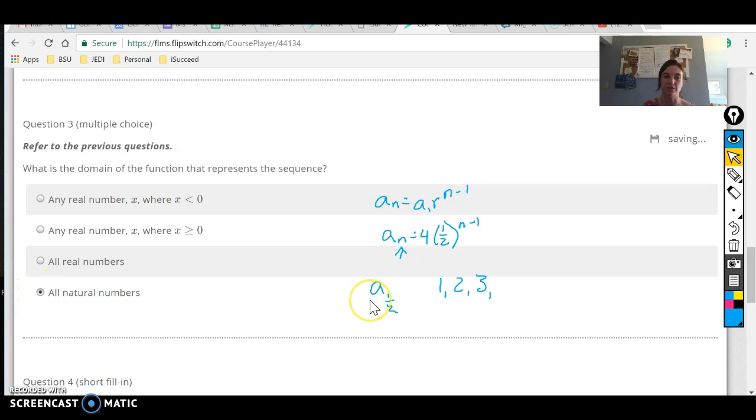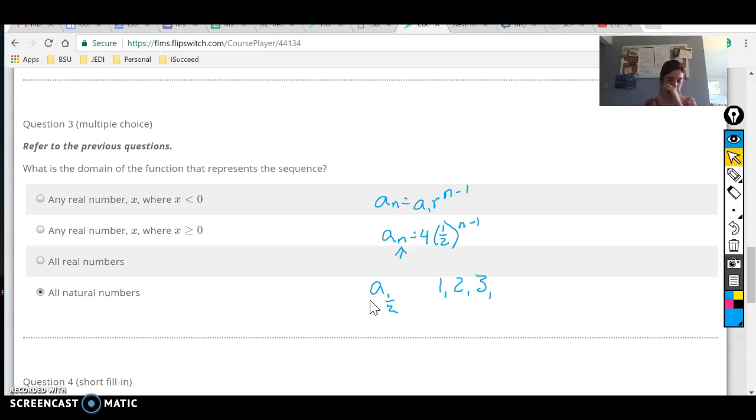All real numbers, if you recall, are negative numbers, they're fractions, they're rational, they're irrational. So it could be anything. And I can't have anything but whole numbers for my terms. That would be like having half a person or half a car, or half of anything where we need to deal in whole units. Okay?